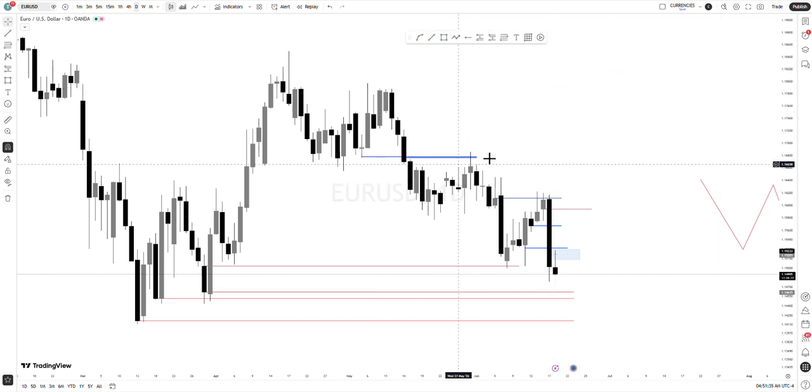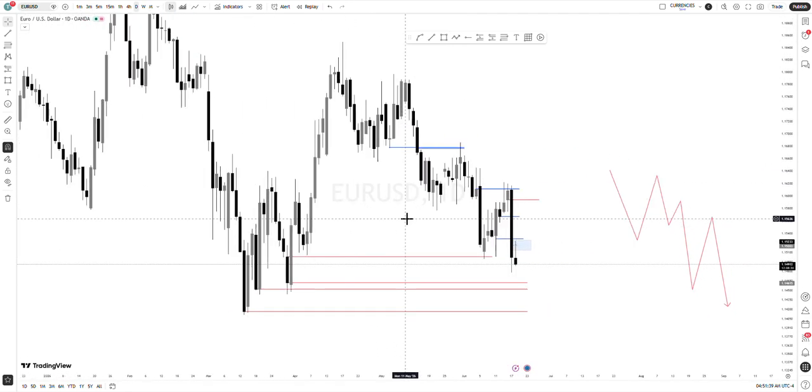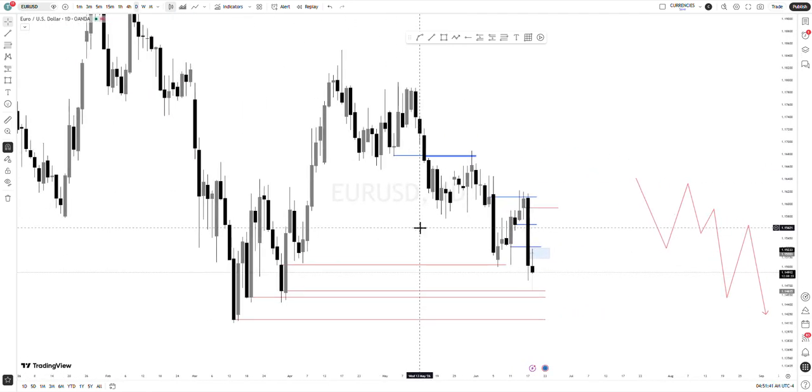Okay, let's start this way. In your chart, every point of price where you see a swing. What do I mean by swing? Whether a swing high or a swing low. A swing high or swing low is any point where price is returning from.